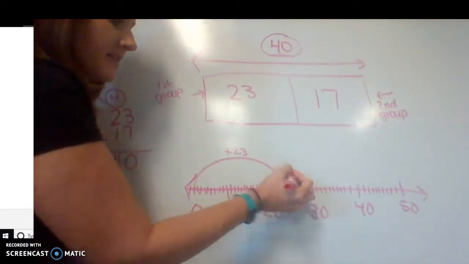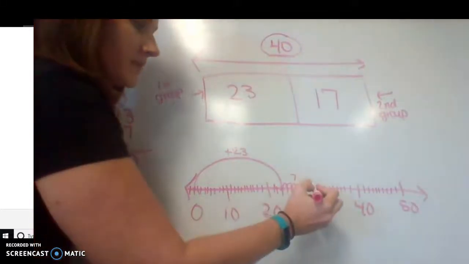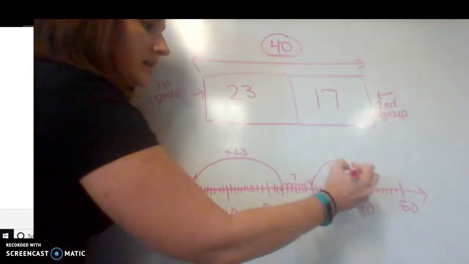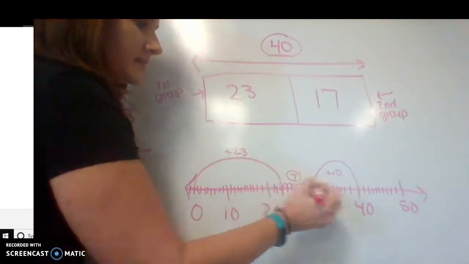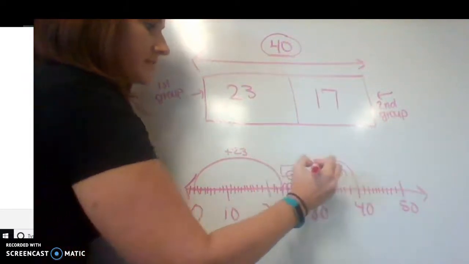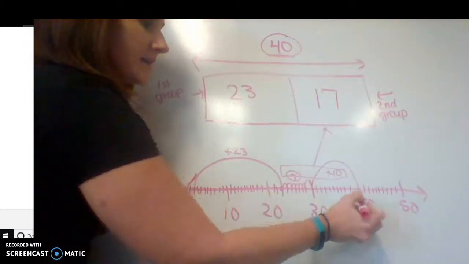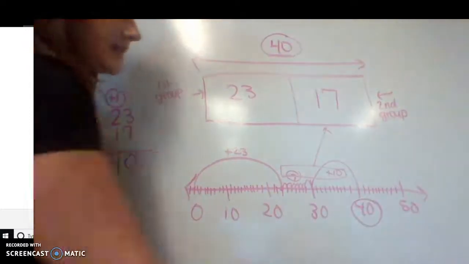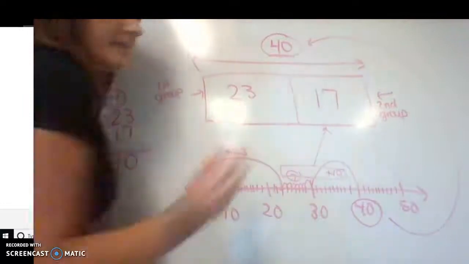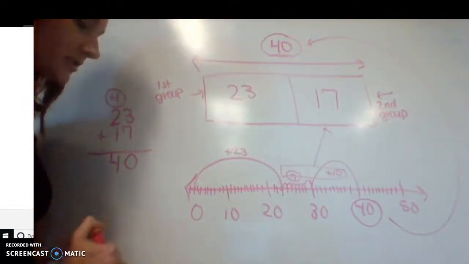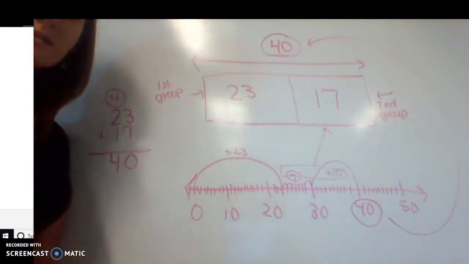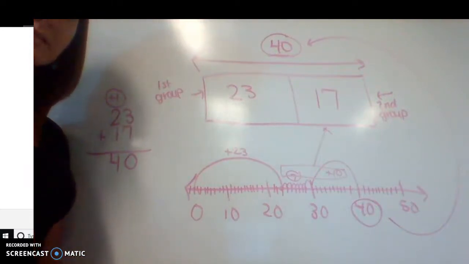So there's my 7, and now I want to jump 10 more. So I can jump from 30 to my 40, which is my 10, which is giving me your total of 17 there. And we're ending up on 40, which is the same as above. So double checking our work and showing 2 different ways so that you can help understand and solve these problems.